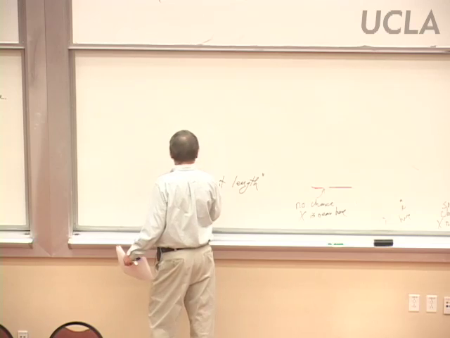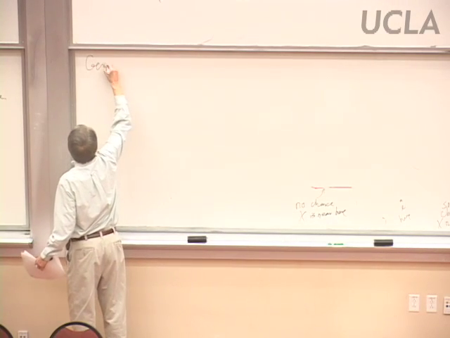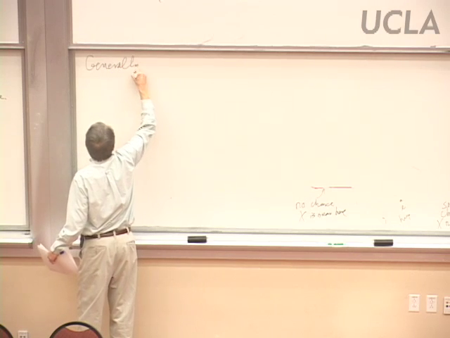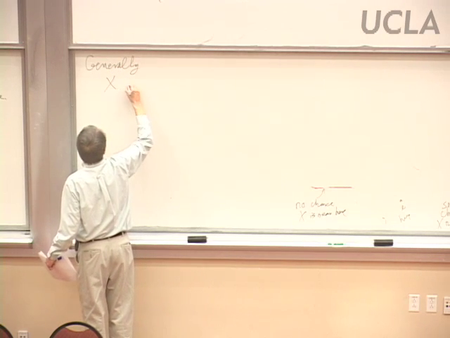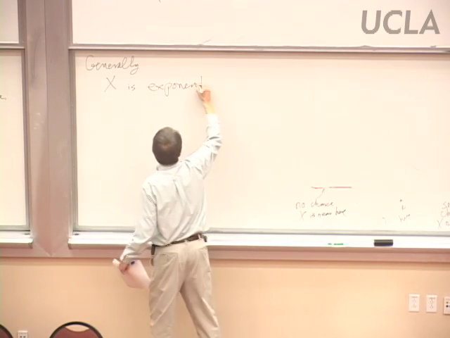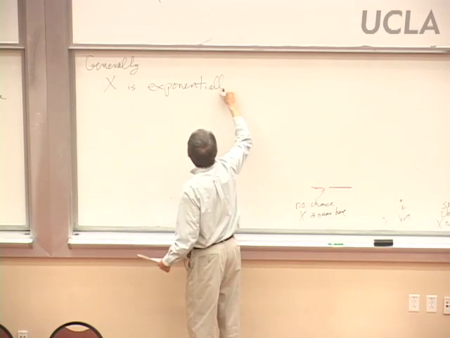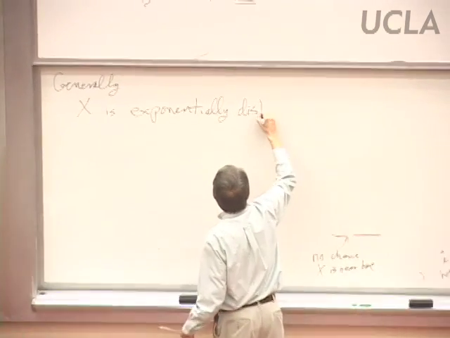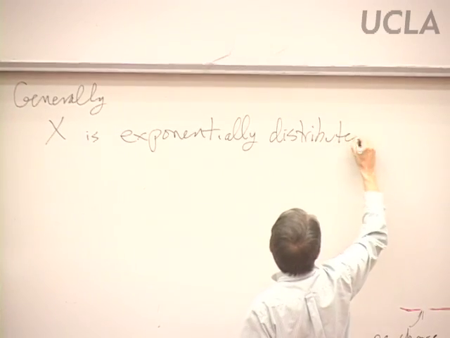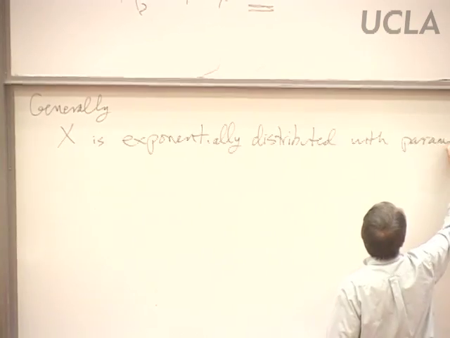So a random variable, say x, we'll say is exponentially distributed or has the exponential distribution with parameter lambda.